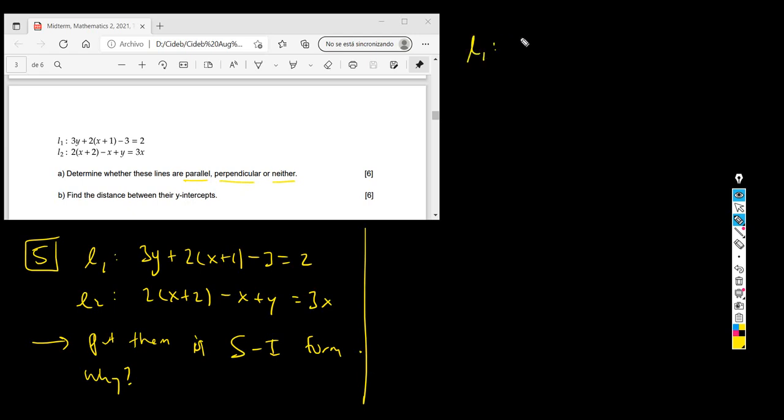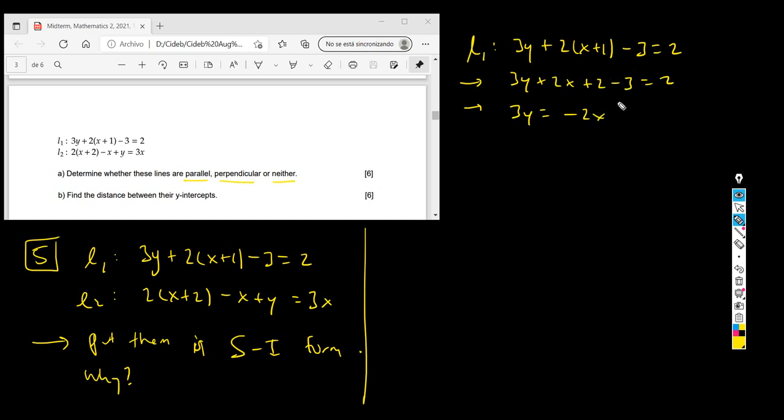So for line 1, once again, you should be able to do this on your own. I'm just gonna shut up and do it. This last step, going from this line to this line, I divided both sides of the equation by 3.